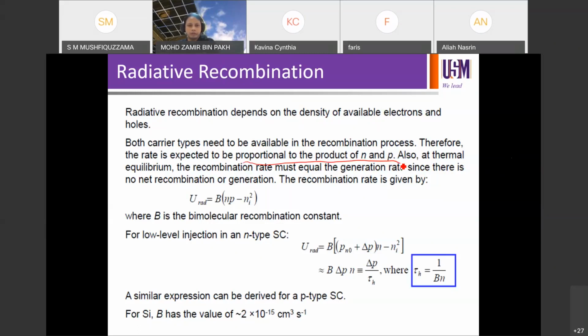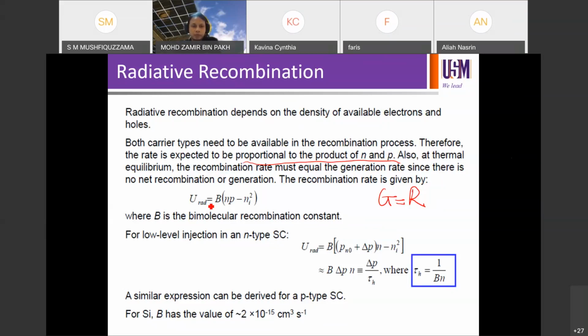Right, at thermal equilibrium, recombination rate equals generation rate. We've discussed this one before. At thermal equilibrium, since there is no net recombination or generation, G is equal to R. The recombination rate is given by U_rad, or recombination rate, equals B, the bimolecular recombination constant, times the product np minus ni squared.